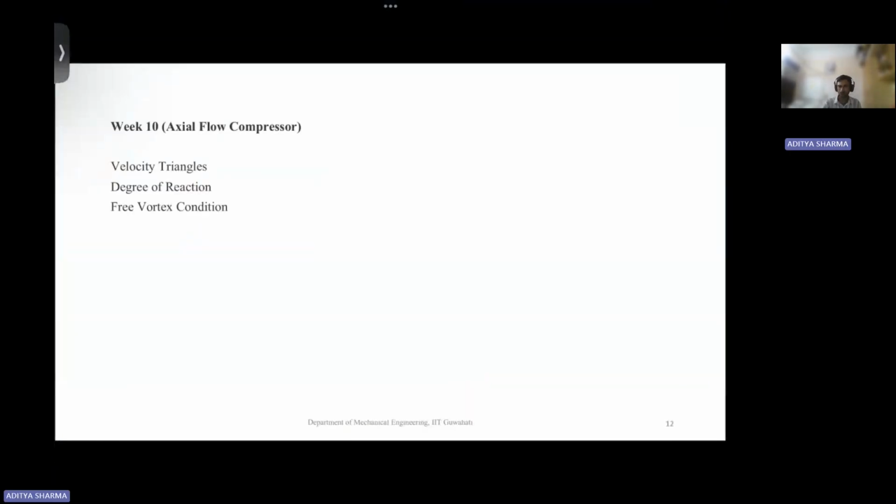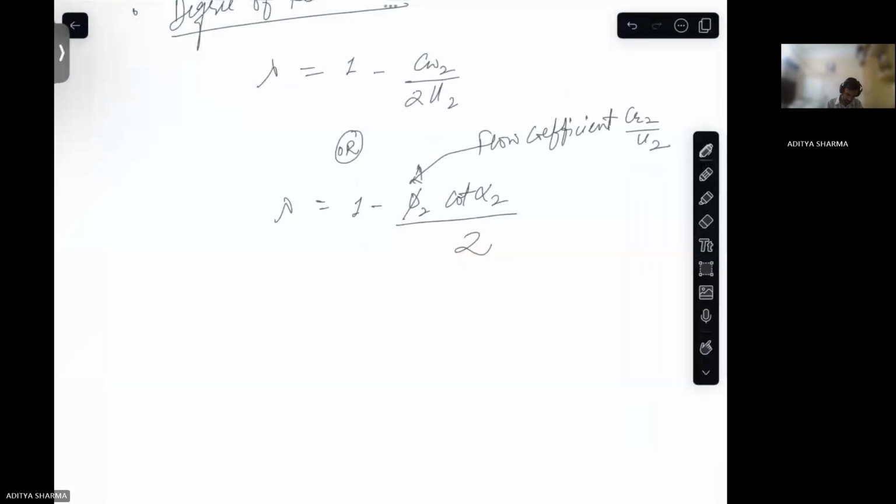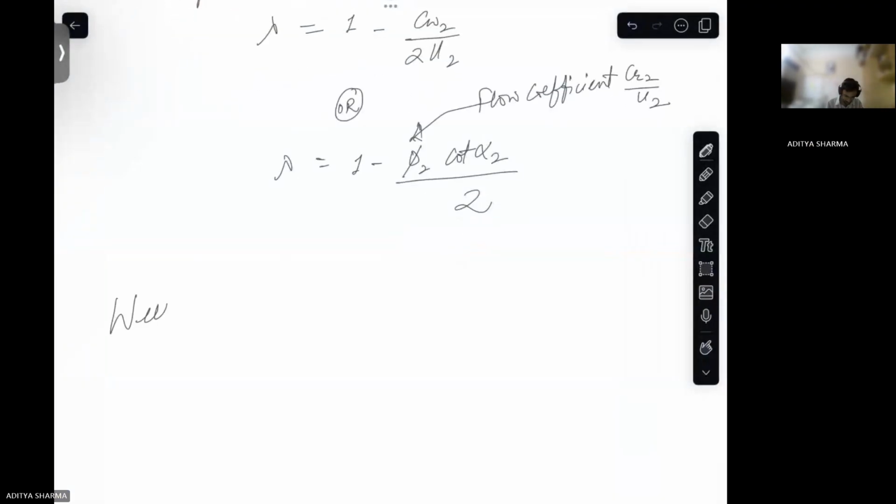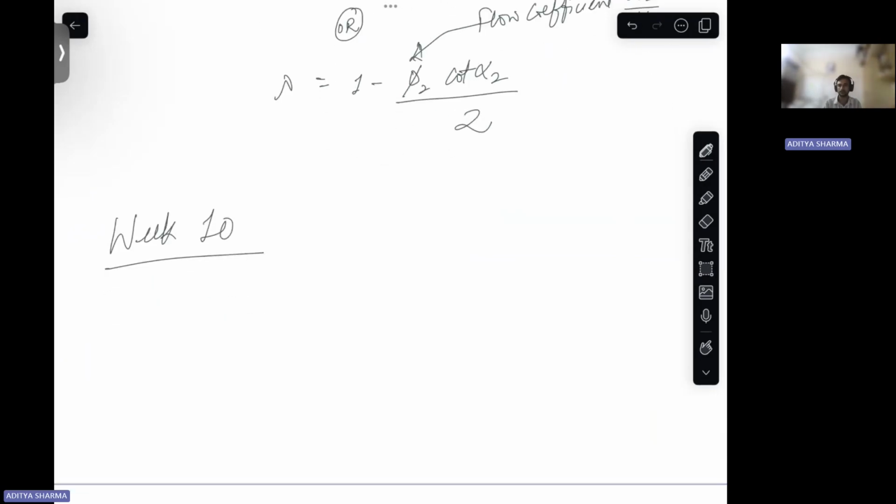Then next week is on axial compressor, axial flow compressor. So here are the velocity diagrams. I'll give the combined velocity triangles.